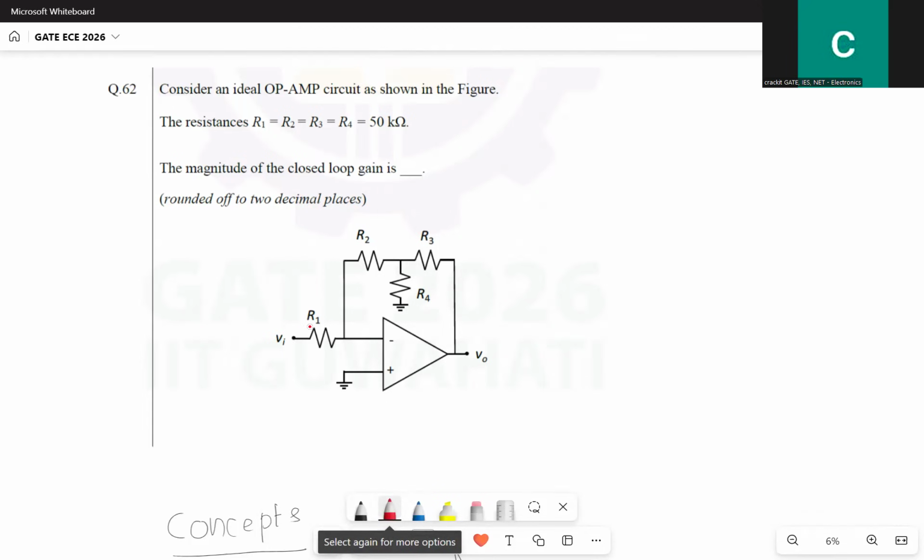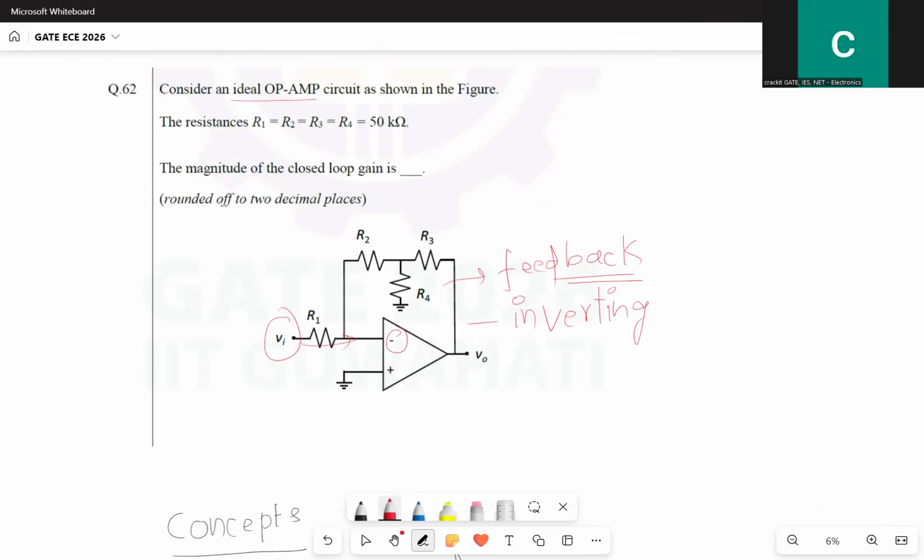So you have an inverting amplifier. Please understand that you have an inverting amplifier. How I am saying that: the input is applied to the inverting terminal here and you have a feedback here. This is an ideal op amp.